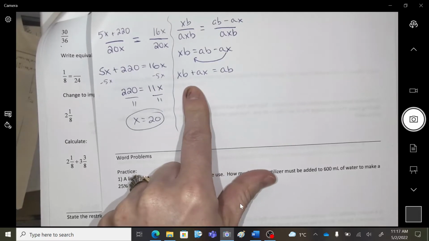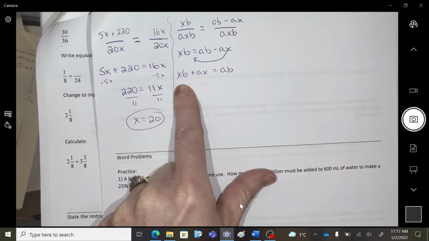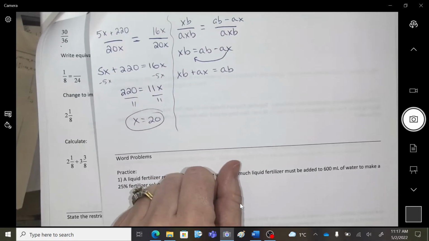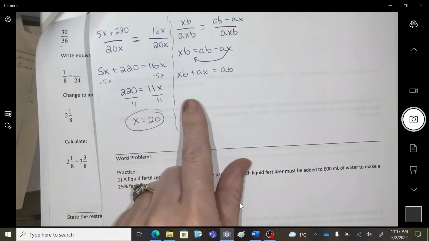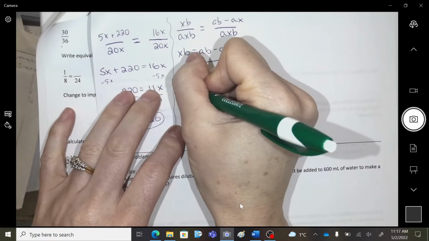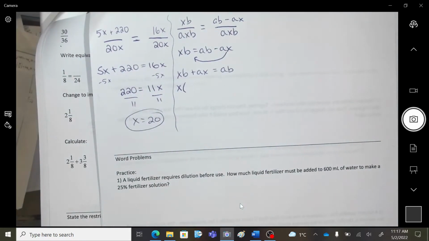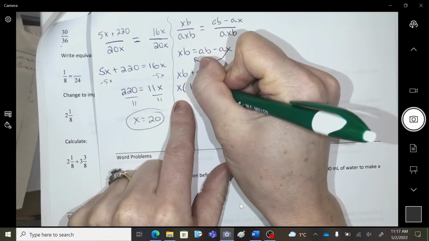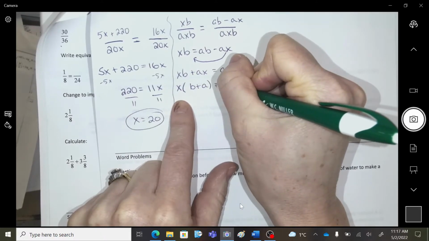And then, what could I do to those two? What kind of factoring technique could I do? I can GCF the x out, which makes what left? A b plus an a.